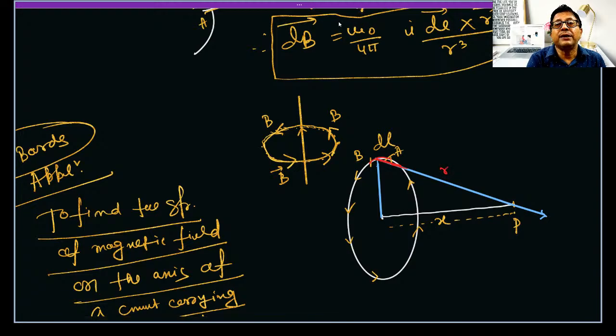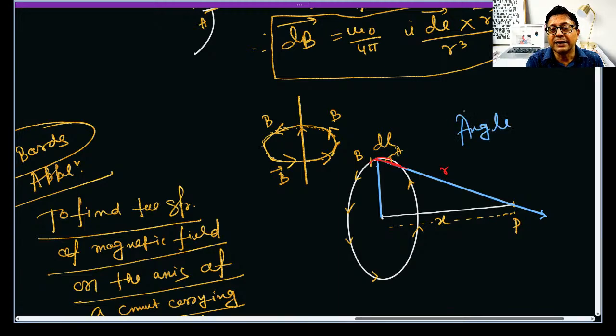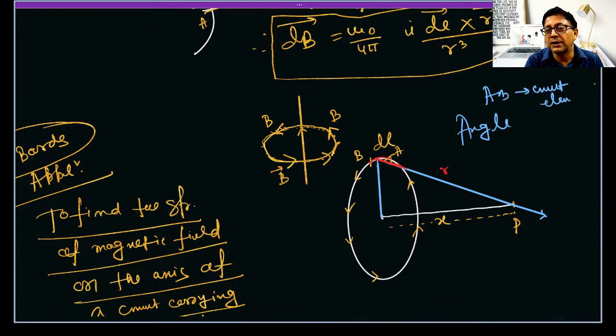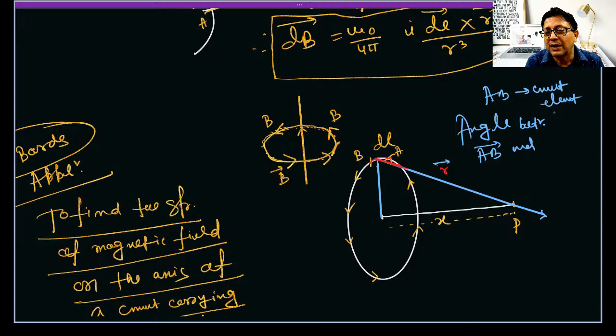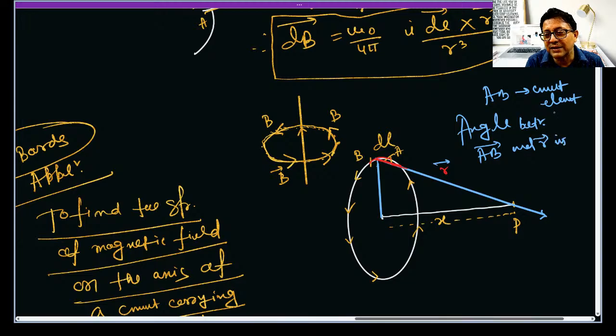AB is the current element here. The angle between AB and R, this is the direction of R, is 90 degrees. So the method is very clear.